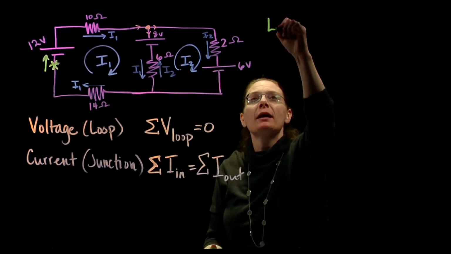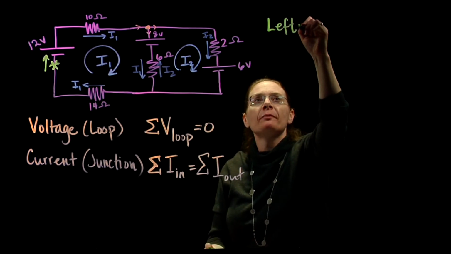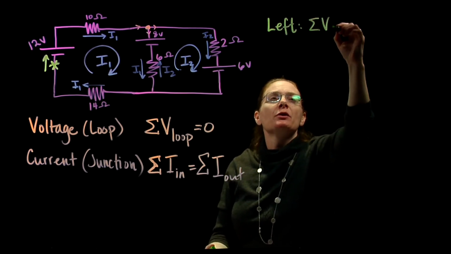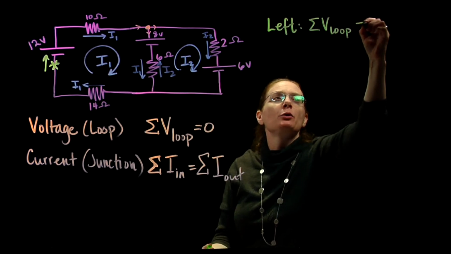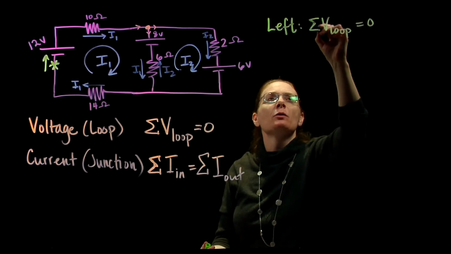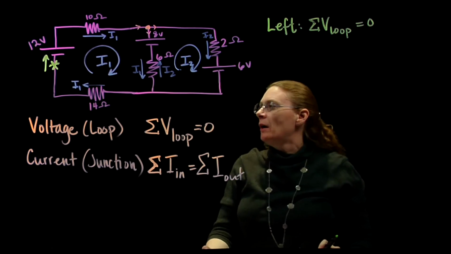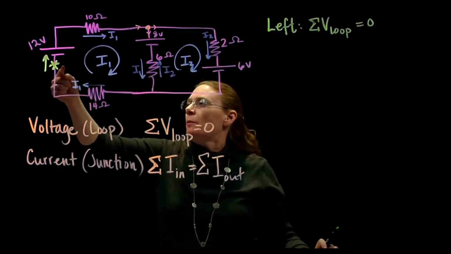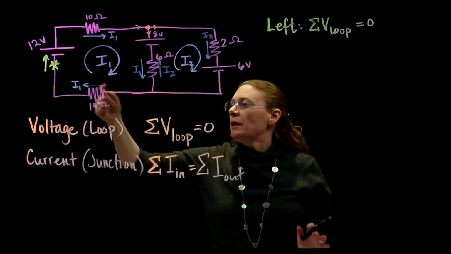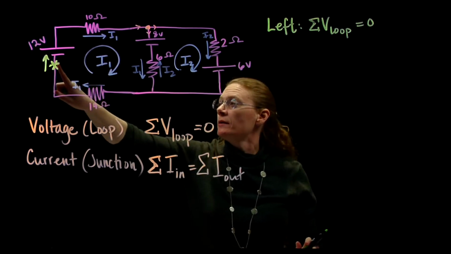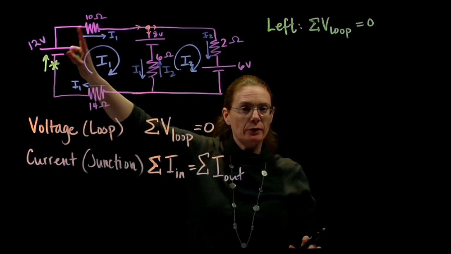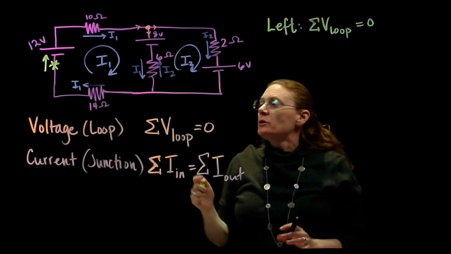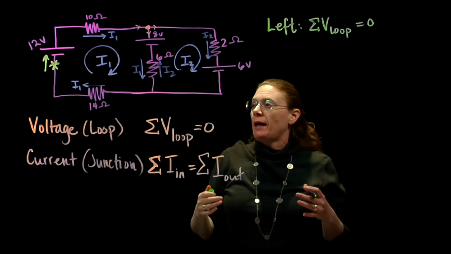So for the left-hand loop, I'm going to add up all the voltages around that loop and set them equal to 0. Okay, so my first encounter with something is a battery, and I'm going in the same direction as the battery's trying to push charge. So what kind of voltage change do I have?